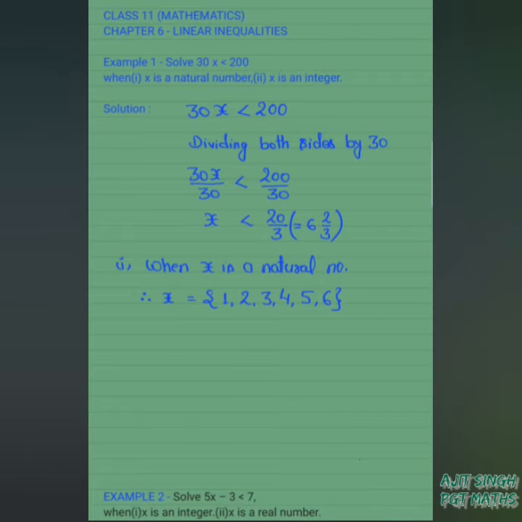The first natural number which is less than 6 and 2 upon 3 is 6. So the answer is 1, 2, 3, 4, 5, 6. This is the value of x which will satisfy the given inequality 30x less than 200, as we have shown in the earlier examples.